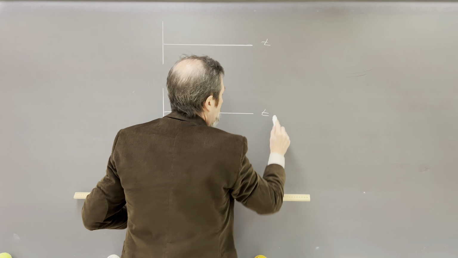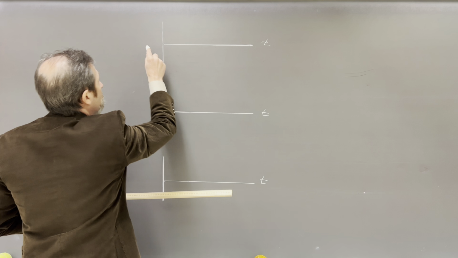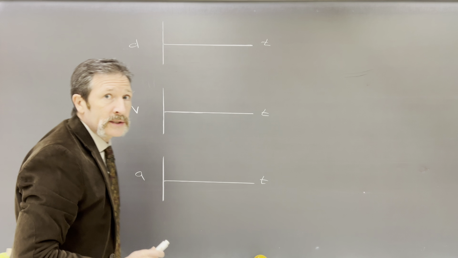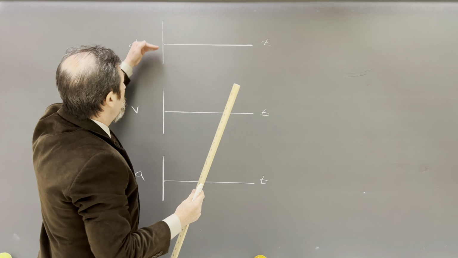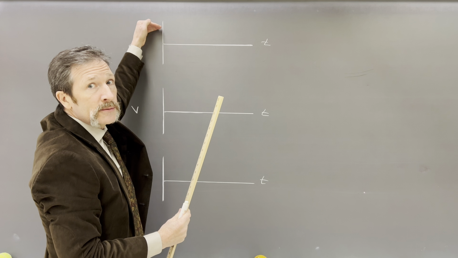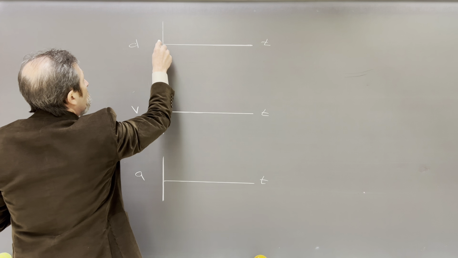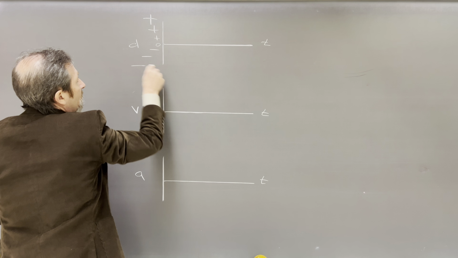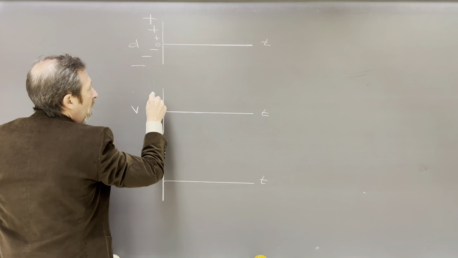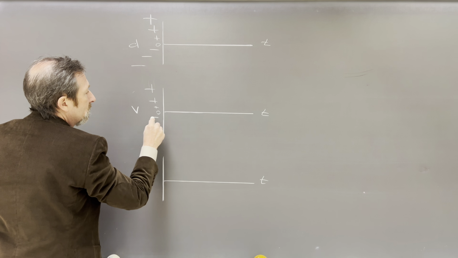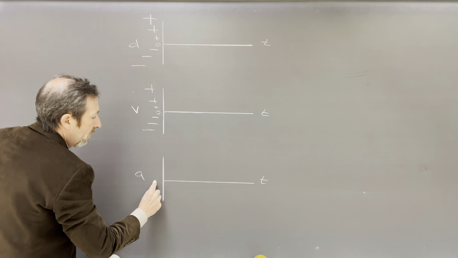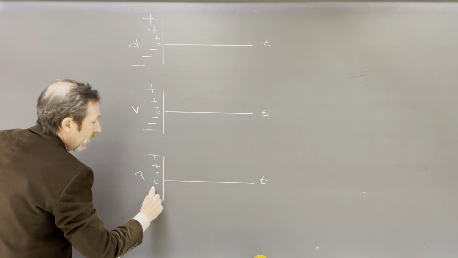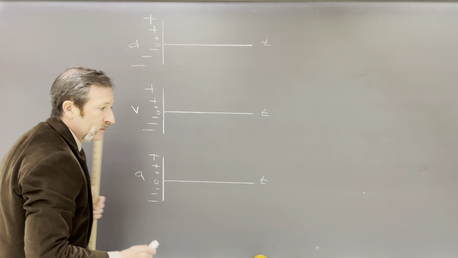That's a time graph: time, distance, velocity, and our acceleration. This is the 0 value. This is positive numbers: 0, positive, more positive, most positive. Negative, more negative, most negative. And I can end up doing the same thing for each of these.